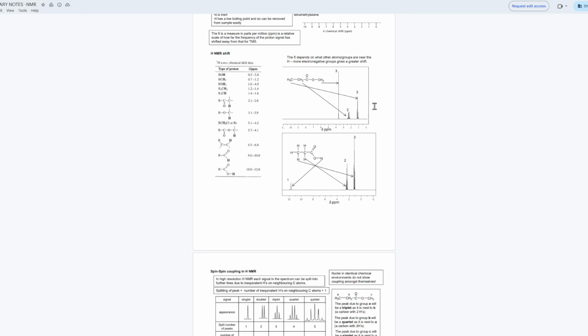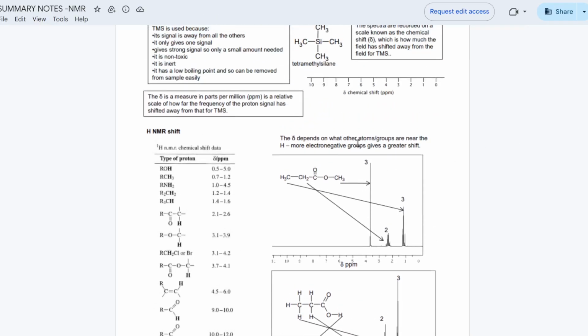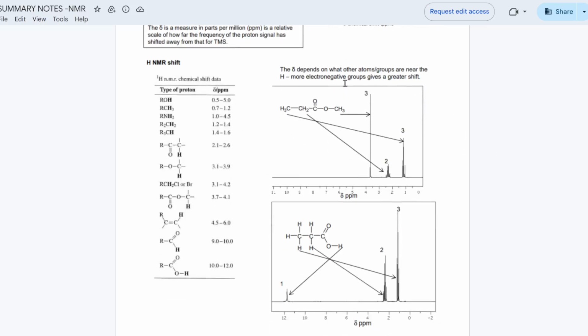Interesting. So the CH3 is not. I see. If we look at this example, I'm just going to zoom in on this a bit here. This is interesting for me to look at. This CH3 is over here at 1. This CH3 group, they're both CH3 groups, is all the way over nearly at 4.